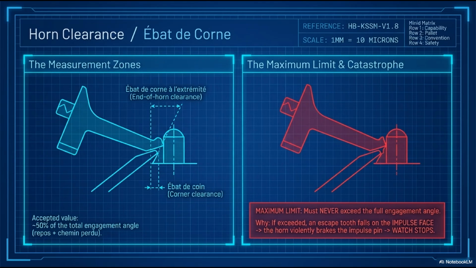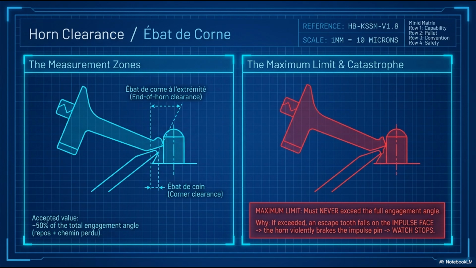Horn clearance, abat de corne, in engineering detail. This slide shows the 2 measurement zones clearly. Left diagram, normal clearance geometry. The abat de corne à l'extrémité is the clearance from the impulse pin to the outermost horn tip, the largest clearance value.